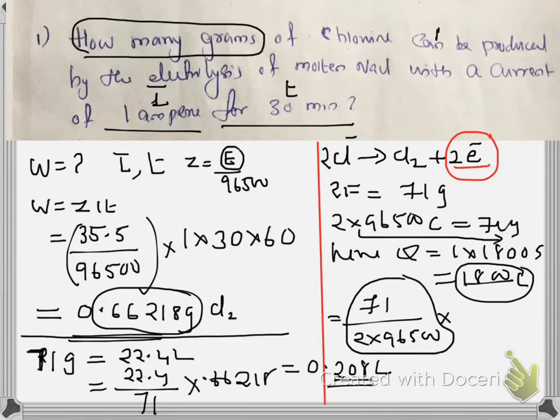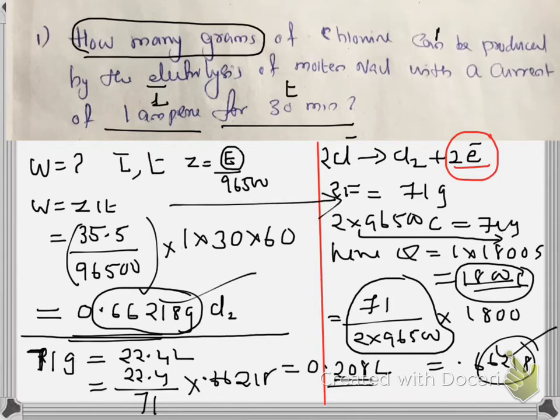But here we have this much coulomb, so we have to multiply with that number 1800, then you will get 0.66218. Here also the answer is the same, but we have used two approaches. Here first you have to think about the equation through which we can approach the answer.